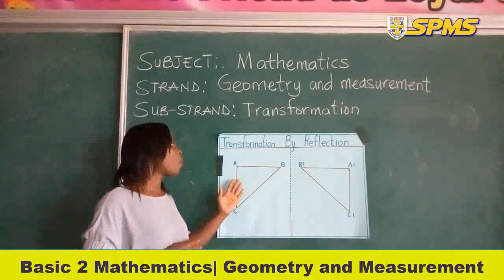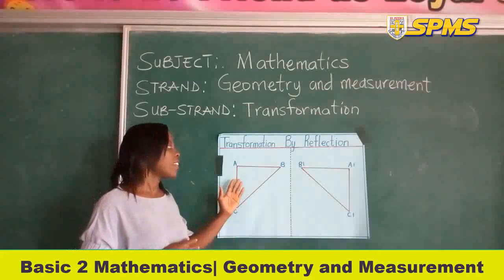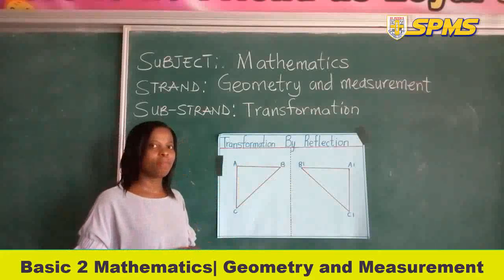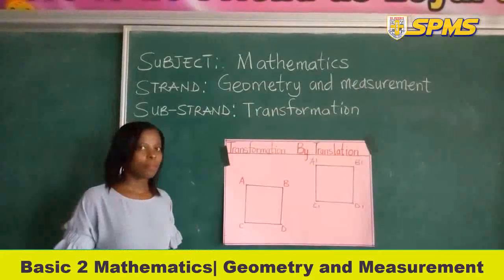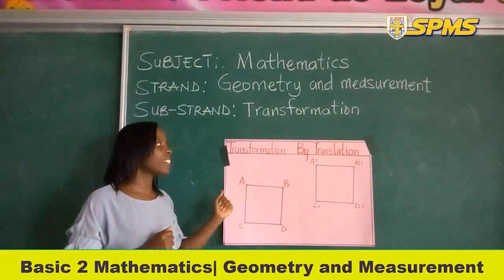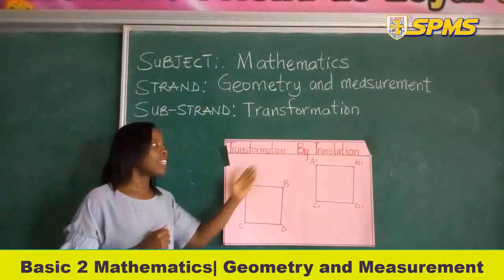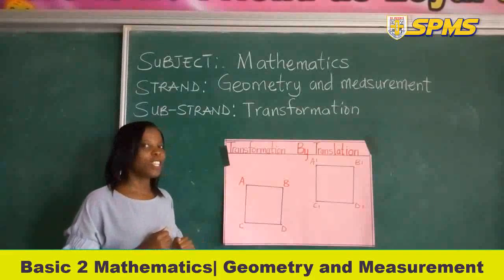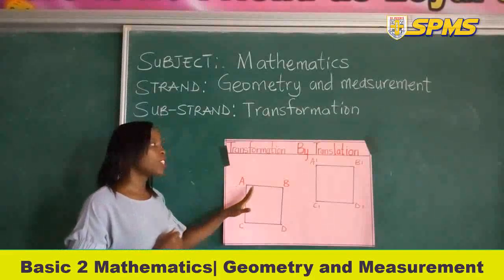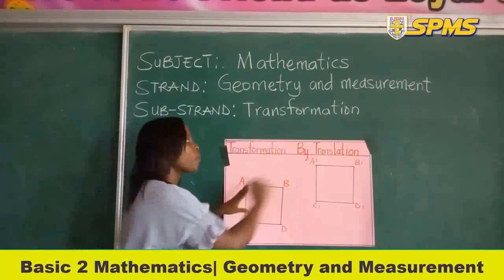To move an object in a turn over. The second one we talked about is the slide, which is known as the translation. To move an object from its original point to another position.